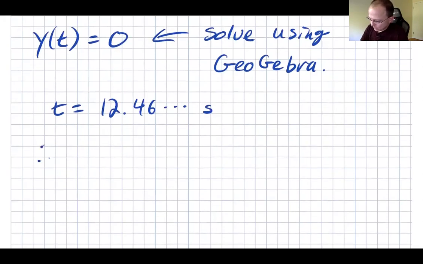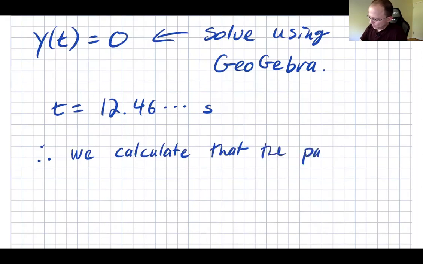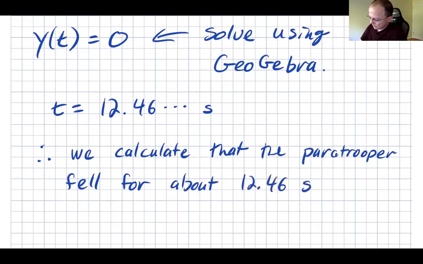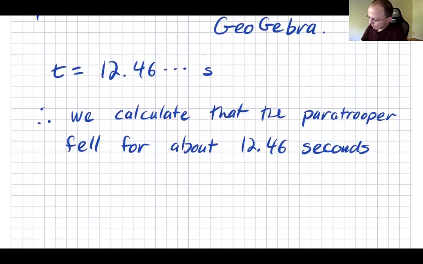So therefore, we calculate that the paratrooper fell for about 12.46 seconds. Okay, so there we go.